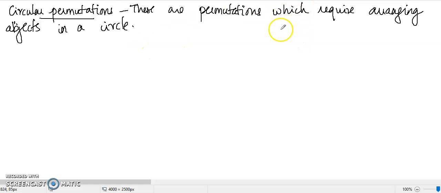Now let us first see an example of permutation. Suppose you are given three distinct objects A, B and C. അപ്പോൾ 3 objects ഉണ്ട്. 3 objectsനെ നമുക്ക് 3 factorial ways arrange ചെയ്യാൻ പറ്റും.